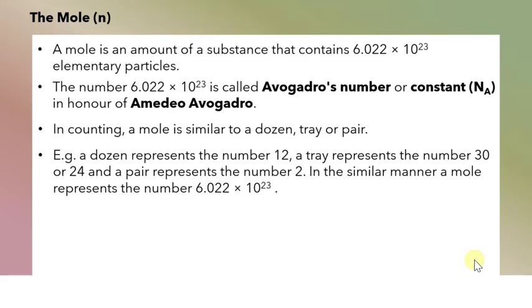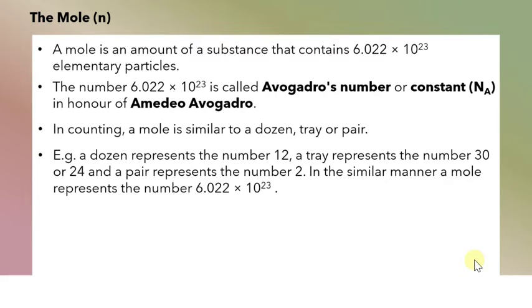In a similar manner, a mole represents the number 6.022 times 10 to the power 23. Okay, now what am I trying to say here? I'm trying to make you understand that as we use normal English language, when you are told go and buy a dozen of batteries, they've told you go and buy 12 batteries.